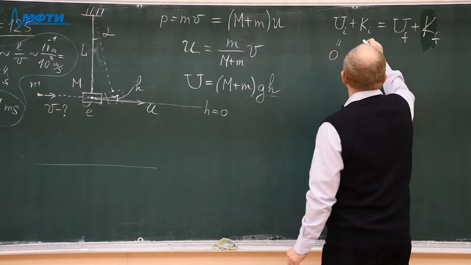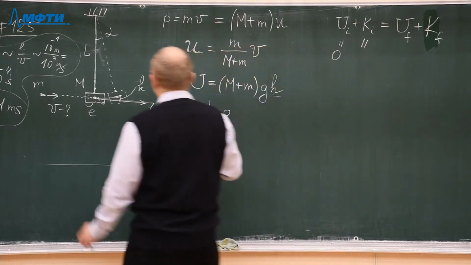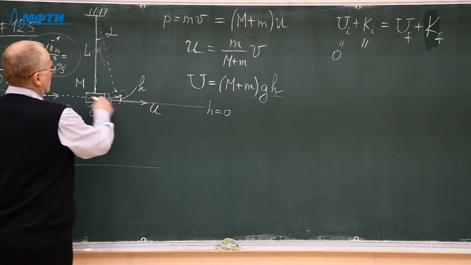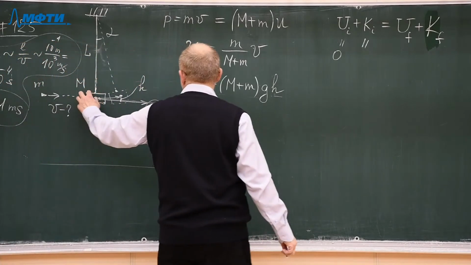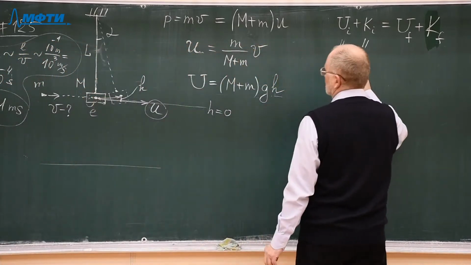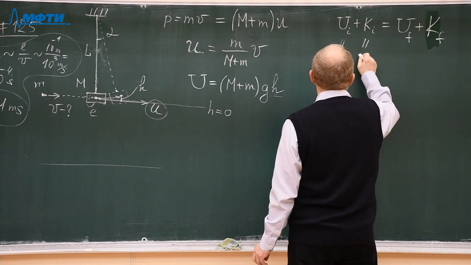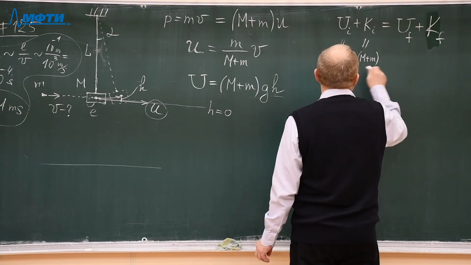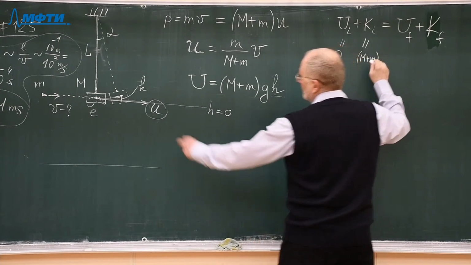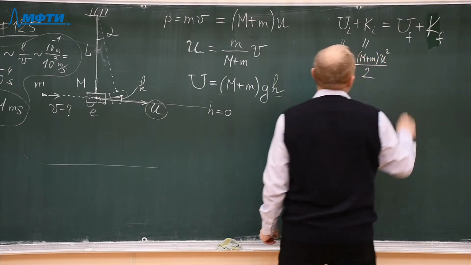What is the initial kinetic energy? Initial kinetic energy is not 0 because there is some velocity with which the body moves in the beginning. So the initial kinetic energy will be equal to the total mass, which is the mass of the box and the bullet, times initial velocity u squared over 2.